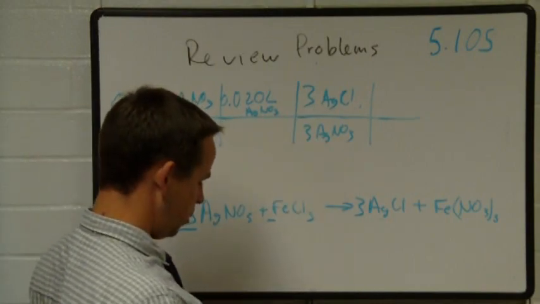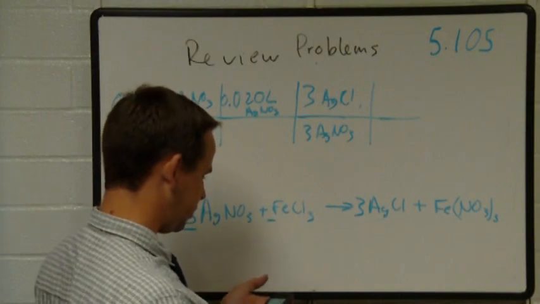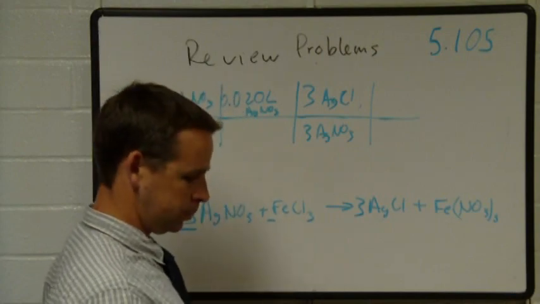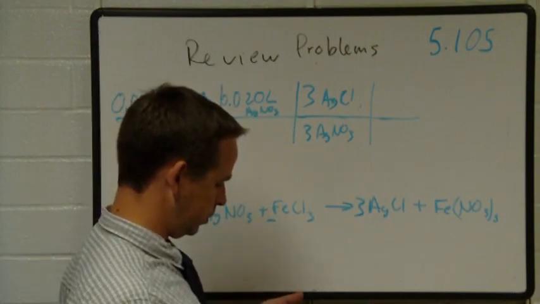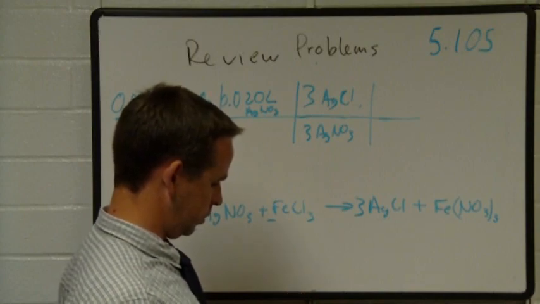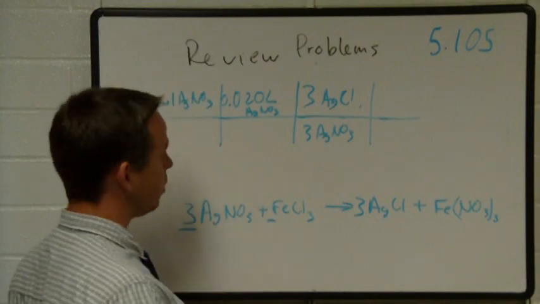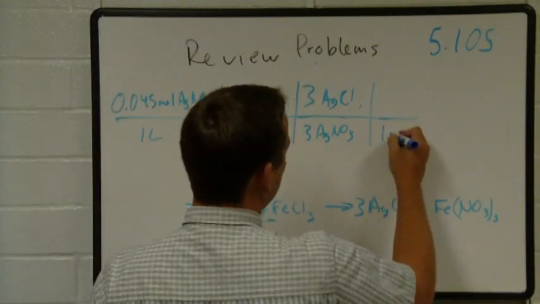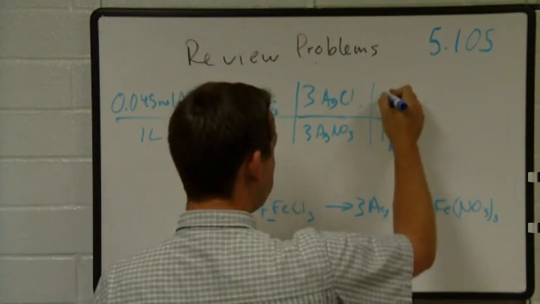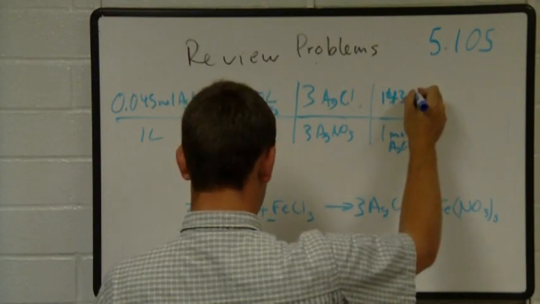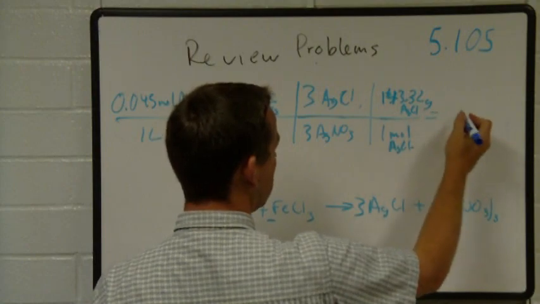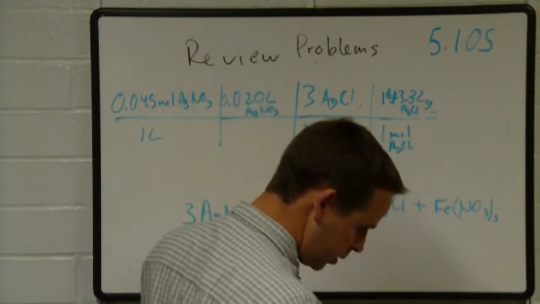So we need to find the molar mass of silver chloride, 143.32. So 1 mole of AgCl is 143.32 grams of AgCl.